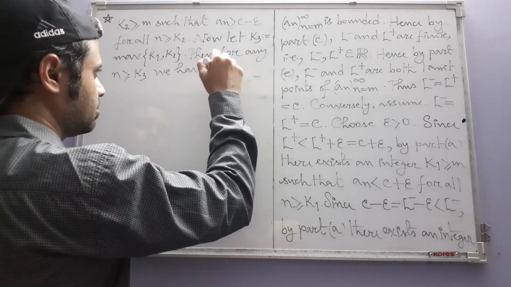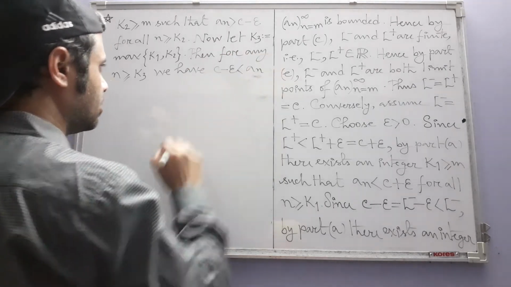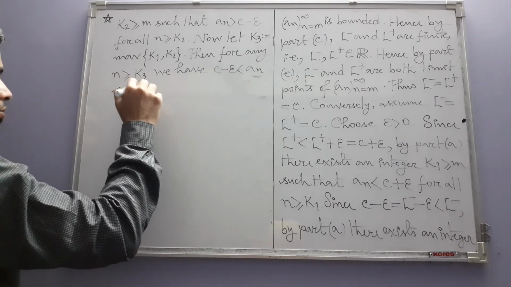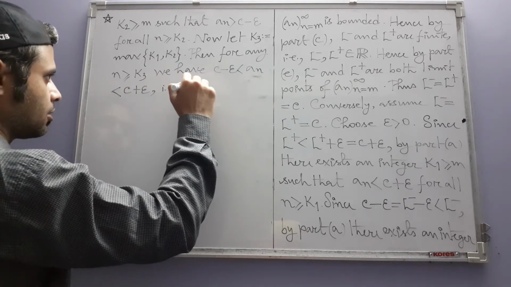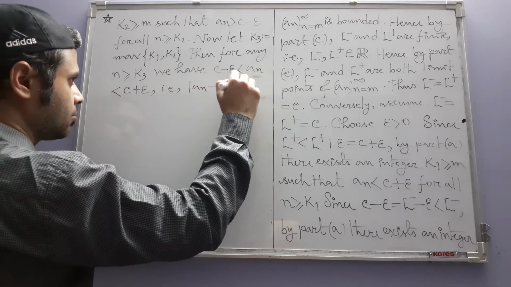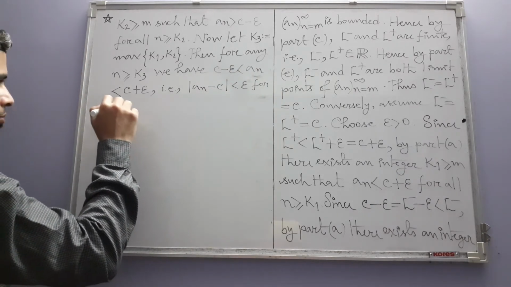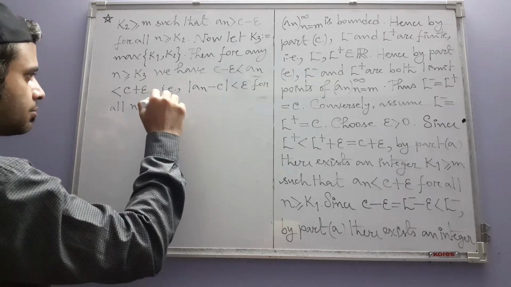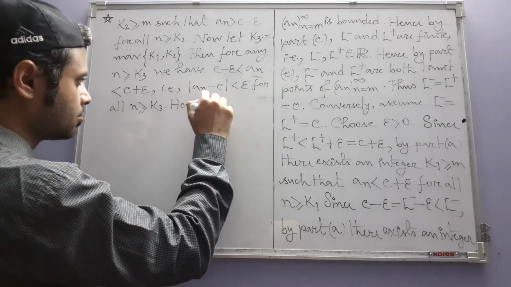So that means c minus epsilon is less than an, which is less than c plus epsilon, that is the absolute value of an minus c is less than epsilon for all n greater than or equal to k3, and this is convergence.